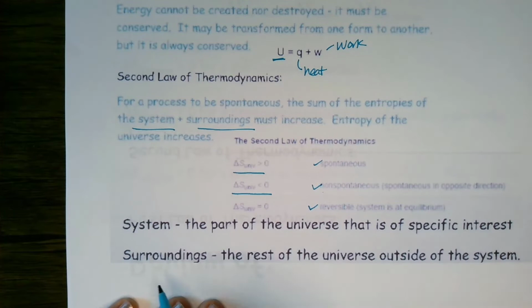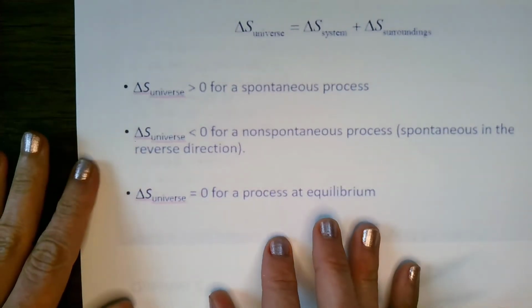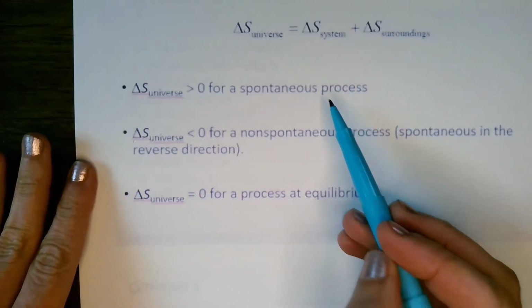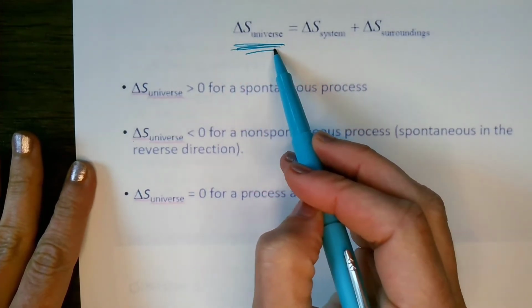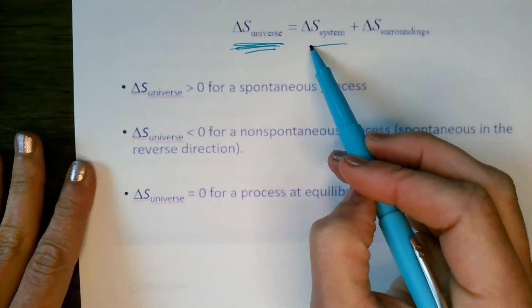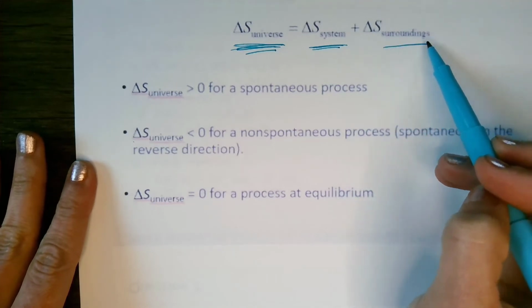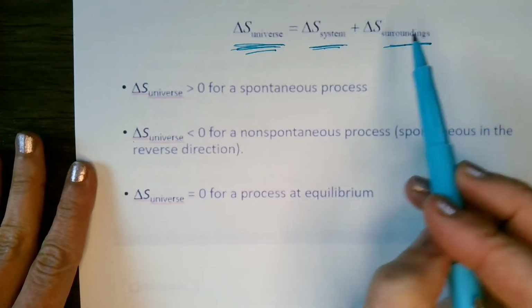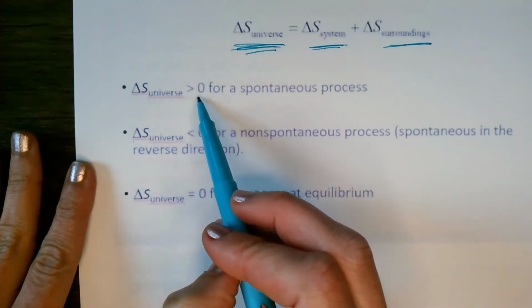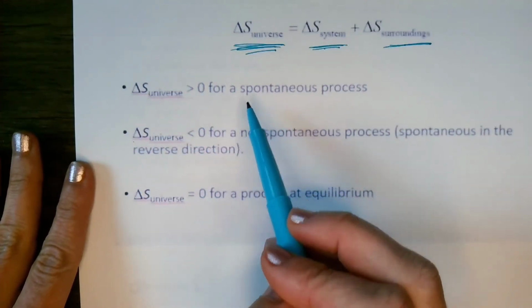Remember, the system is the part of the universe that is of specific interest, and the surroundings is the rest of the universe that's outside of the system. That second law of thermodynamics is very important. Delta S of the universe is equal to the entropy of the system plus the entropy of the surroundings.